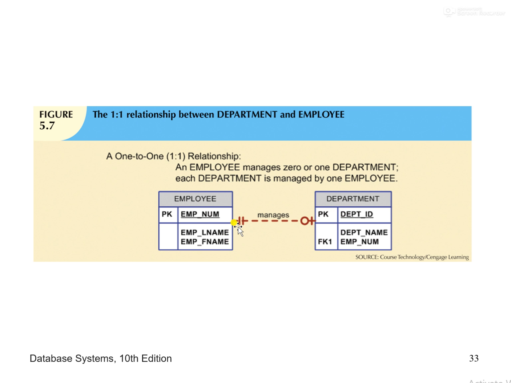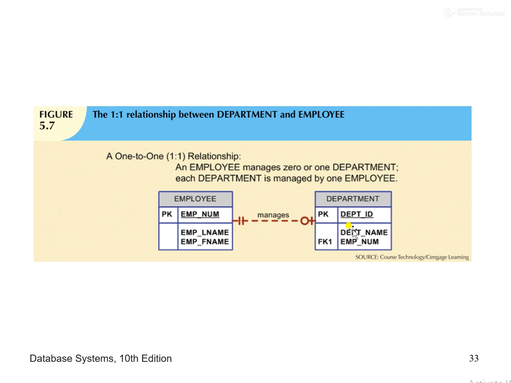How can we say that? Because of this, it shows 1 1, and here it shows a single line and 0. It means department is optional to employee, but employee is mandatory to department. It is possible there is a new department and it does not have any employee right now. But whenever there is an employee, it is mandatory to have a department.